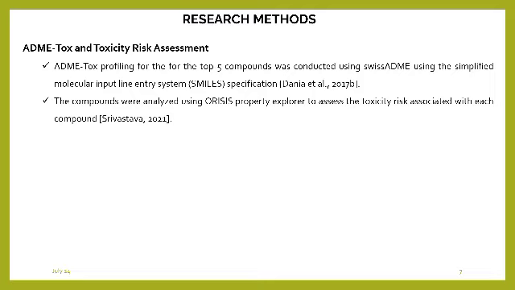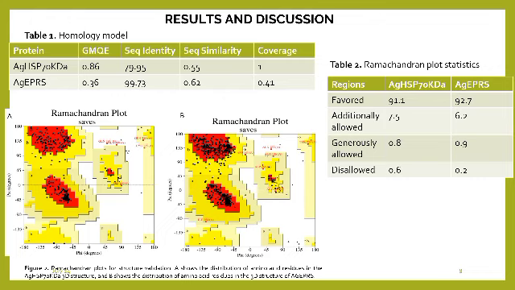Table 1 shows the global mean quality estimate of the proteins, the sequence identity, the sequence similarity, and the coverage, and we can see that most of the proteins, especially the Anopheles gambiae heat shock protein, had a global mean quality estimate of 0.86.